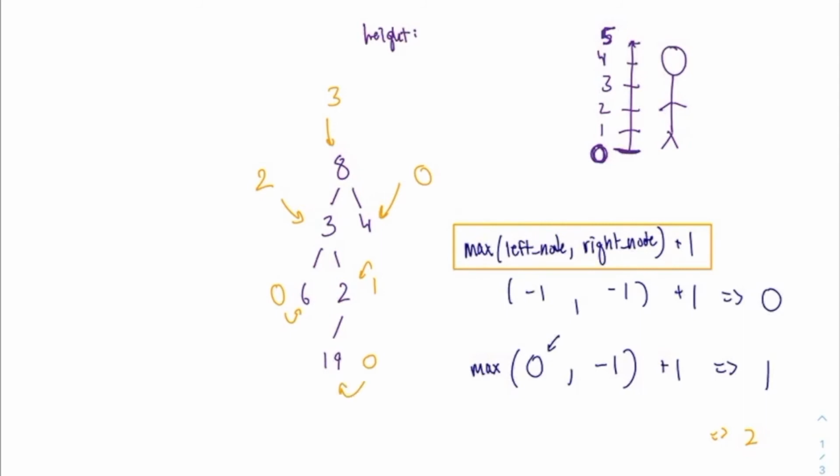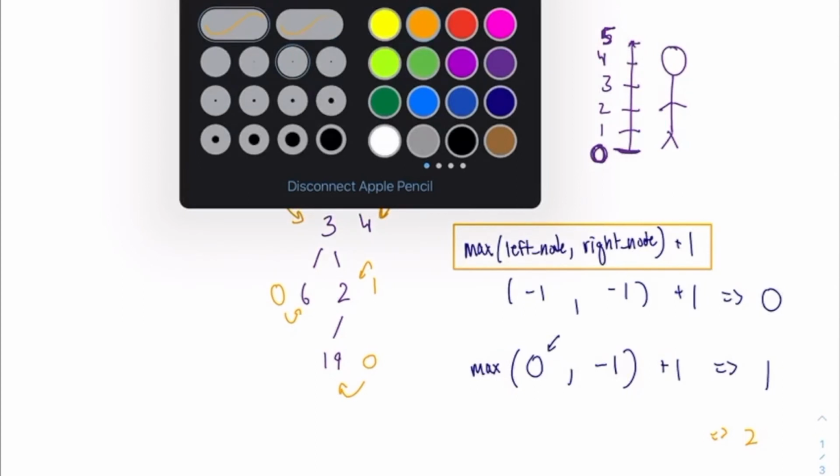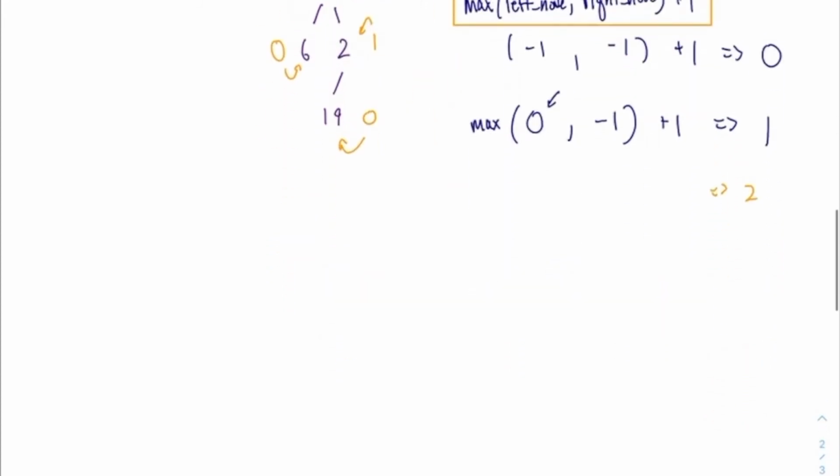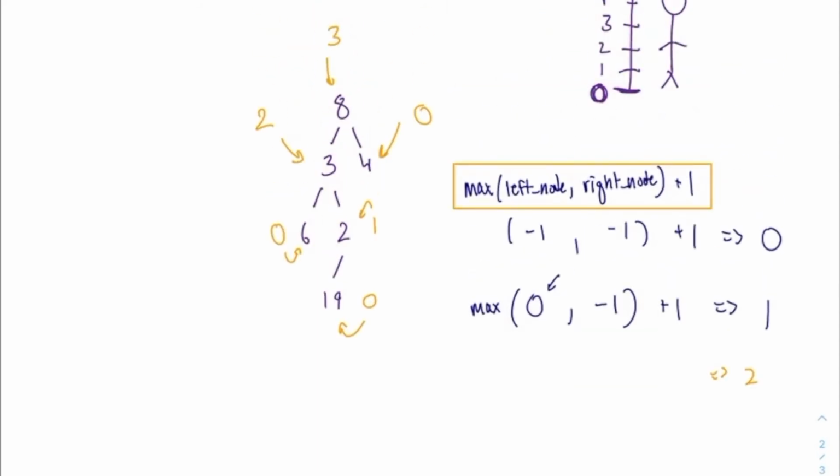Now that we discussed height, we want to also know what depth is, and depth is the complete opposite of what height does. Depth measures from the top, or the root, down to the leaf, whereas height is measuring from the deepest leaf to the top.